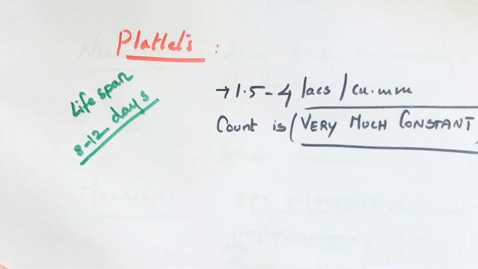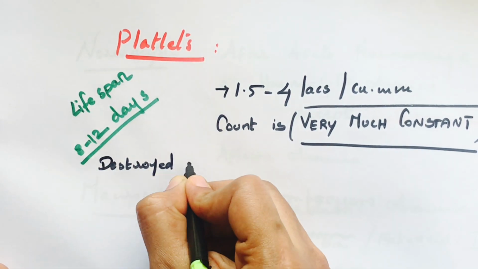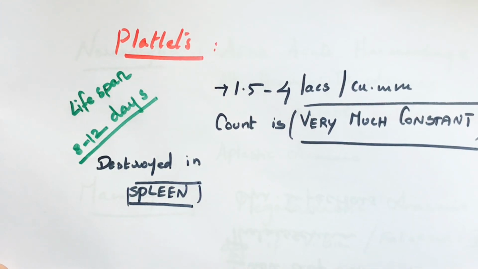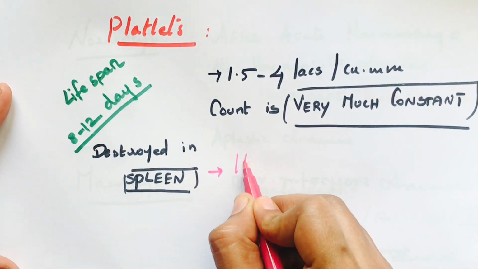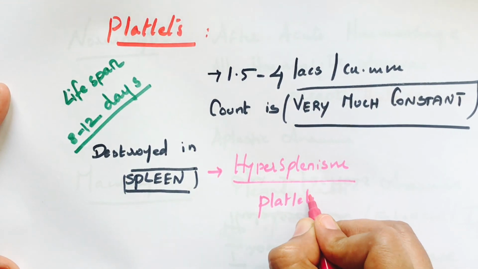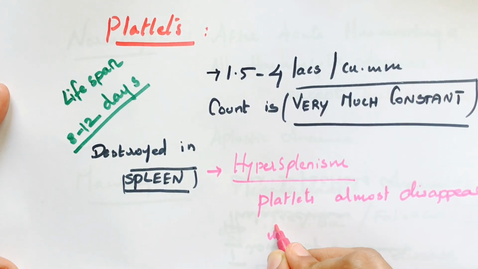Lifespan of platelets ranges from 8 to 12 days. They get destroyed in the spleen. So in a condition called hypersplenism, almost all the platelets disappear from circulation.